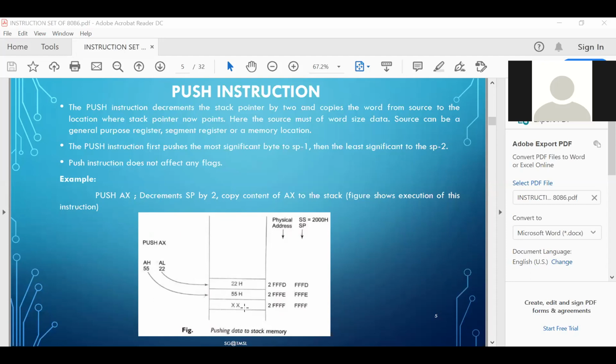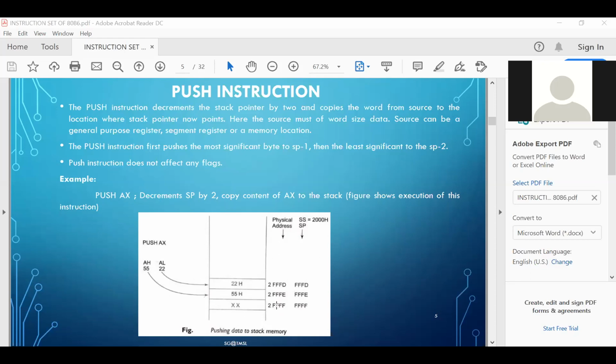Now this initialization location cannot be used to store any data byte. The data byte must be stored before this memory location. So the stack pointer is always decremented by 1 to store anything. If 2FFFF is this location's address, then the previous location will be 2FFFE, then 2FFFD, then 2FFFC, then 2FFFB, then 2FFFA.